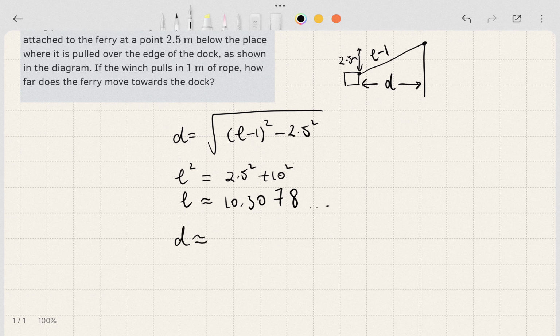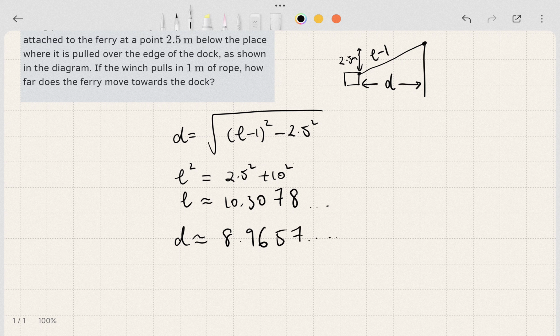And so d would be approximately equal to the square root of (L minus 1) squared minus 2.5 squared, where L is the answer. This gives d about 8.9657.